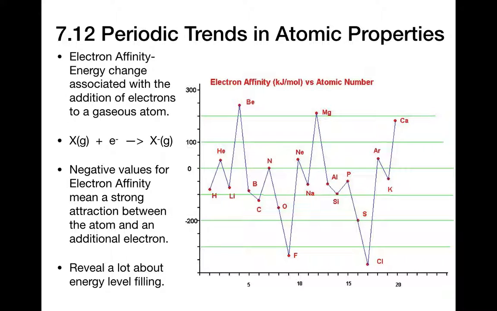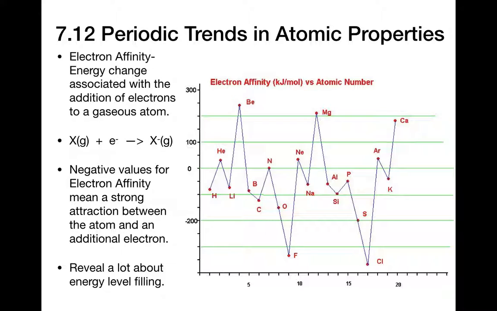Electron affinity is another property of the atom that can be used to study the energy levels of the atom. One thing to note is that electron affinity is defined to be the energy change associated with adding electrons to a gaseous atom.